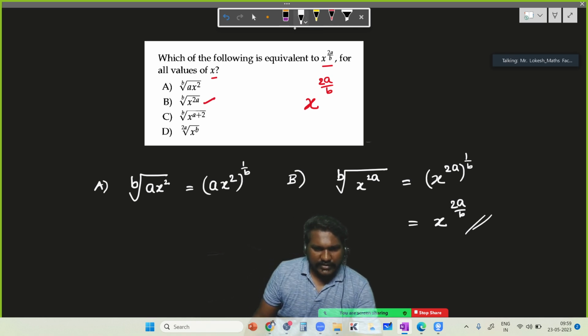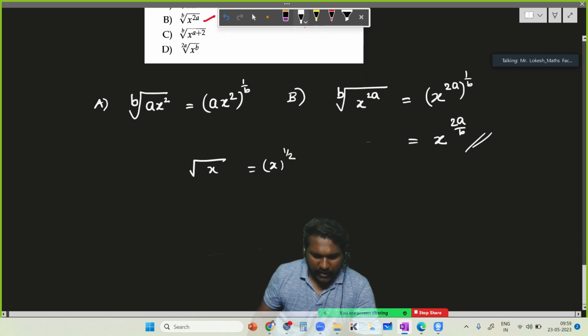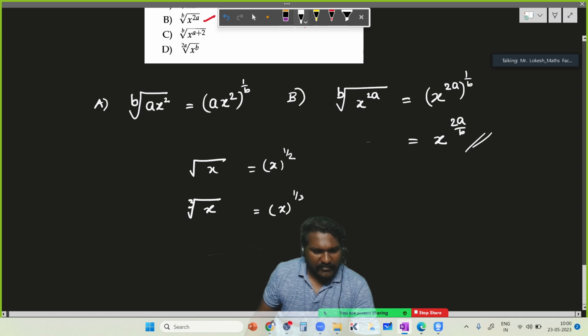I'll tell you the logic behind this. If you want to write square root of x, it is exactly x power 1 by 2. In the same way, cube root of x is exactly x power 1 by 3. In the same way, nth root of x can be written as x power 1 by n.